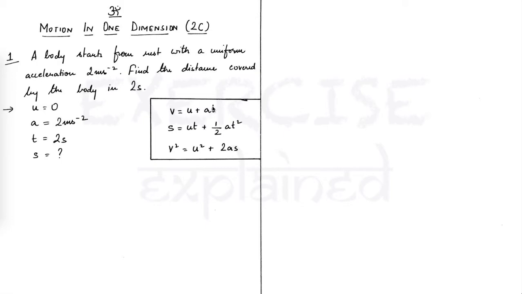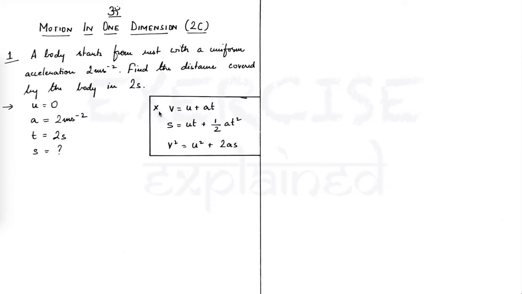Final velocity we can find from this equation, since all these three are there and there is only one unknown. But did the question ask us to find final velocity? No, the question did not ask us to find final velocity. So we would not be using this equation.